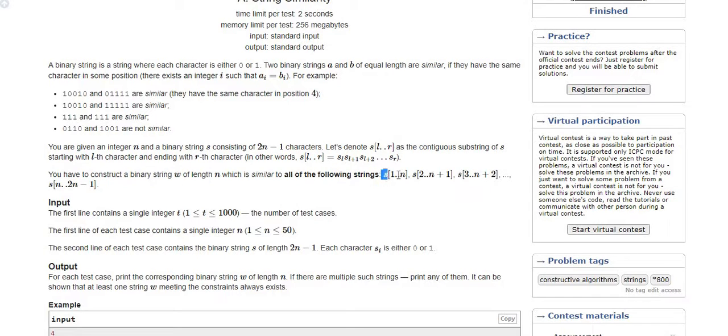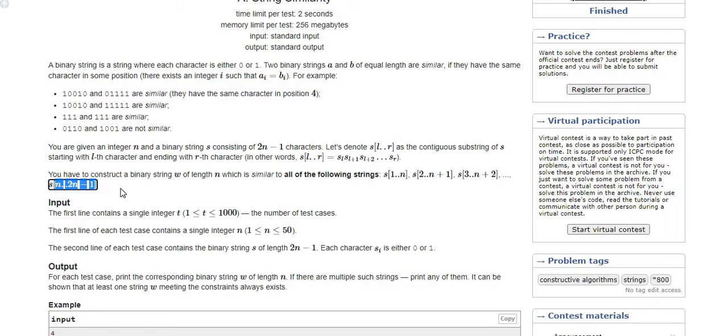This is a very important condition, because by looking at this constraint, we can get the observation which can help to solve this problem. We have to form a binary string w which is similar to the substrings of length n: 1 to n, 2 to n plus 1, 3 to n plus 2, and finally n to 2n minus 1.